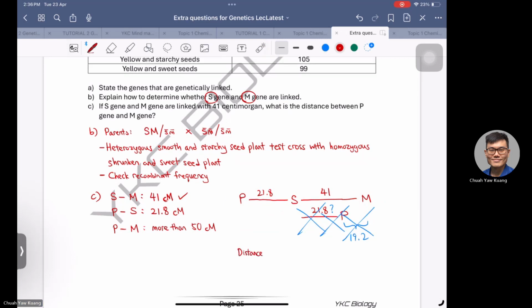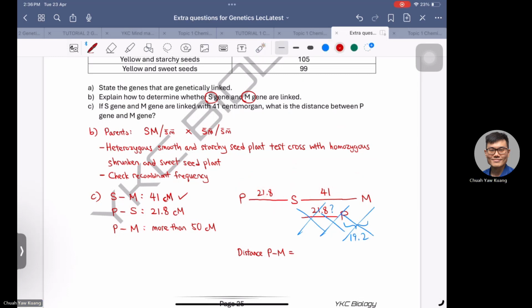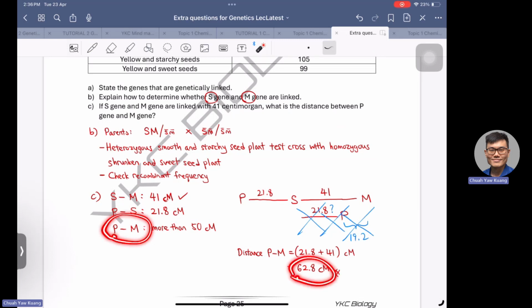You sum it up: P gene to M gene is 21.8 centimorgan plus 41 centimorgan. So the distance is 62.8 centimorgan.